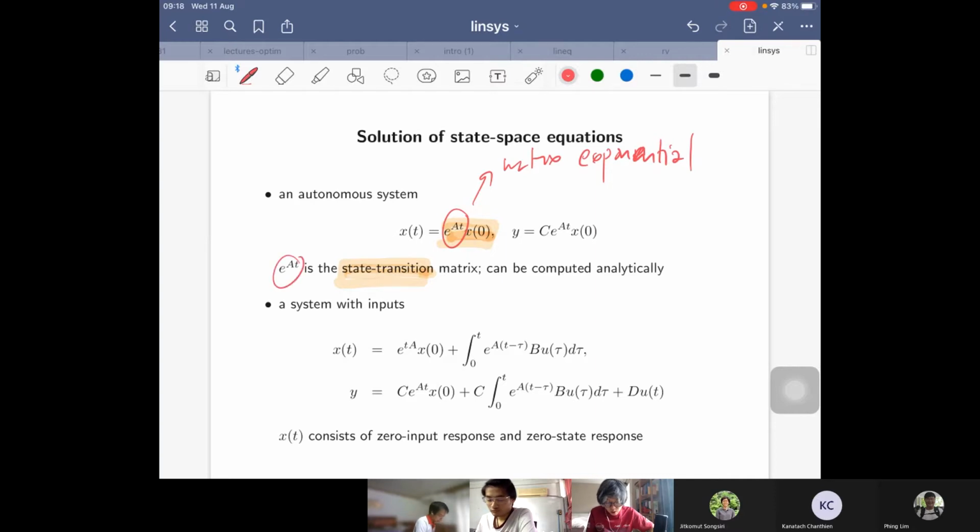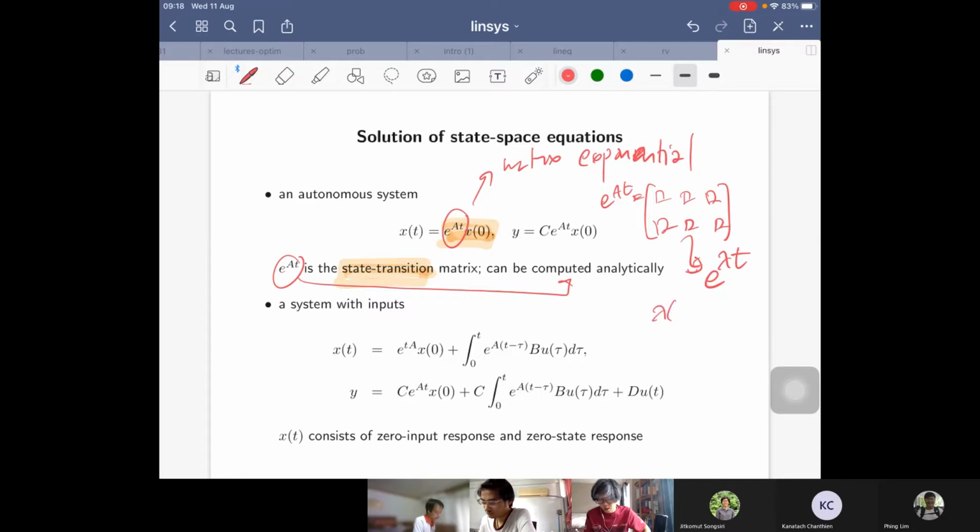This matrix exponential can be computed analytically, either by using diagonalization technique if the matrix A is diagonalizable. I think you should review that all the entries in the e to the At are functions of e to the lambda t, where lambda is the eigenvalues of A.